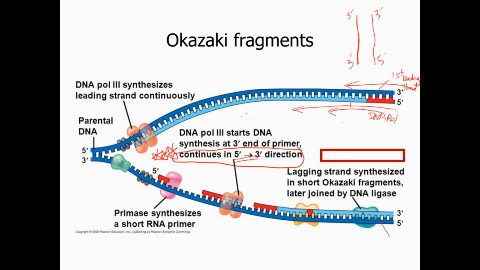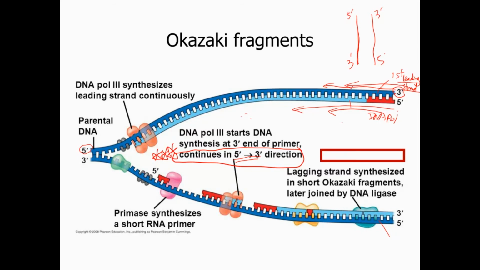All right? So if that's the direction, that means the template strand is going to go from 3 to 5, right? You can see 3 here and then 5 over here. So the template strand that goes from 3 to 5 is the leading strand because it's complementary to the new DNA direction.